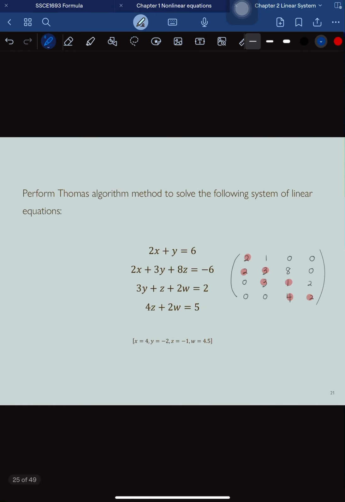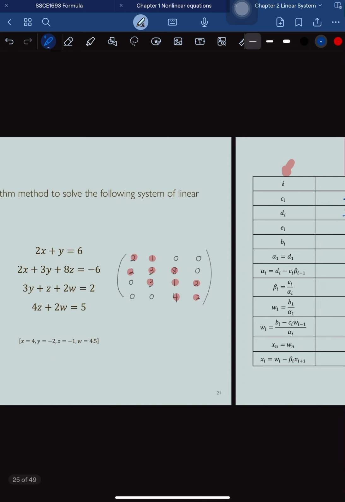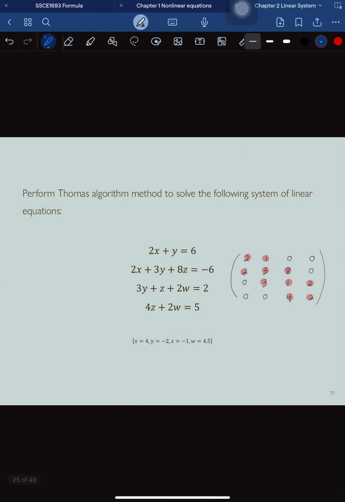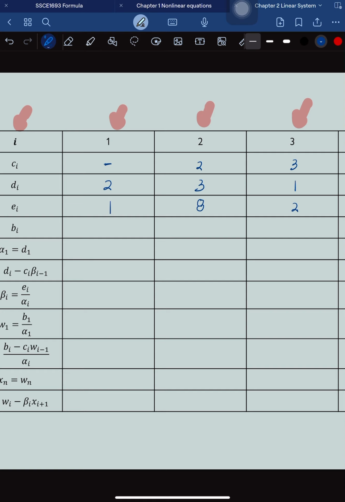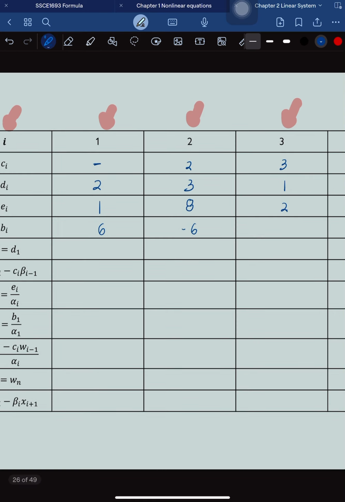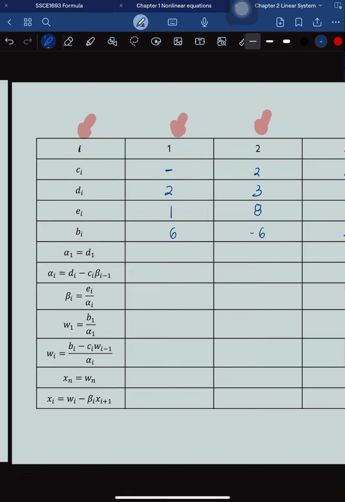And E. What is the value of E? 1, 8, 2. There is no value here. And what is our value of B? B is 6, negative 6, 2, 5.